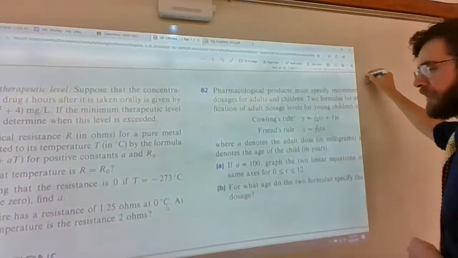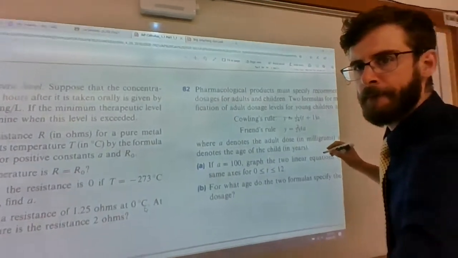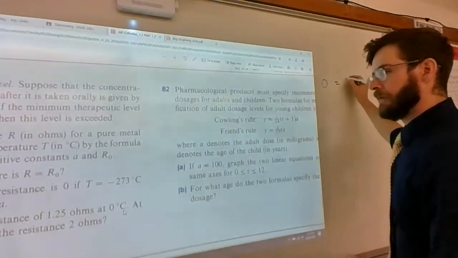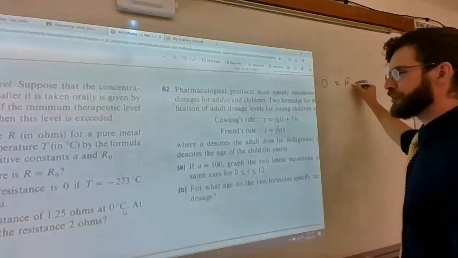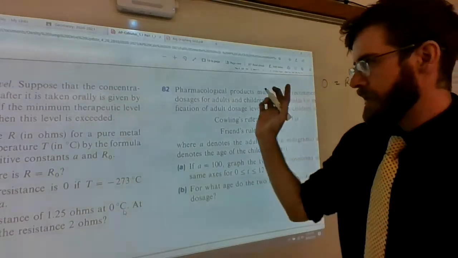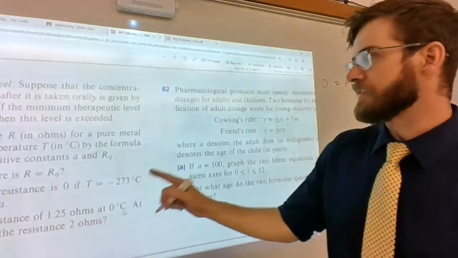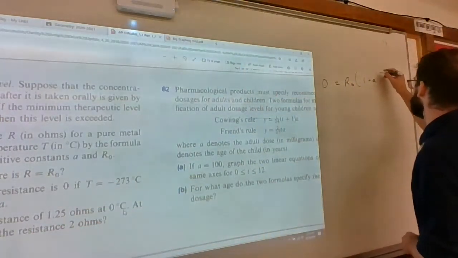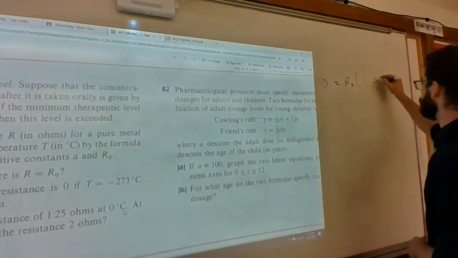So R equals initial R times 1 plus A times negative 273 degrees Celsius. So minus 273A.